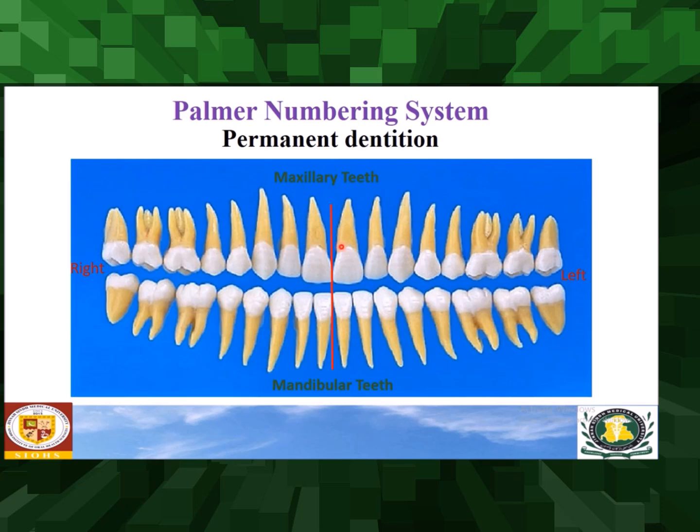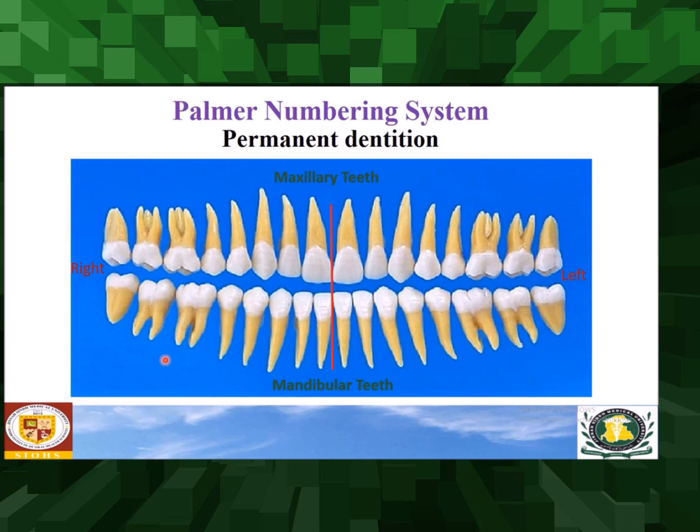This is the right maxillary quadrant, this is the left maxillary quadrant, this is the left mandibular, and this is the right mandibular quadrant. So there are 8 teeth in each quadrant, 16 in the complete maxillary arch and 16 in the mandibular arch.